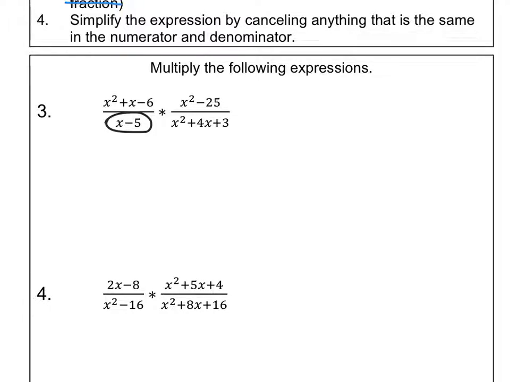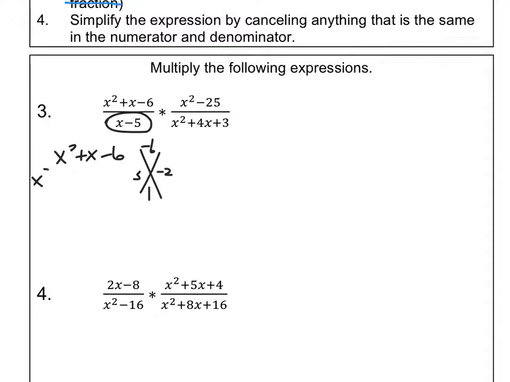I sure can. x squared plus x minus 6. So I need factors of negative 6 that add to 1. Well, when I do that, factors of negative 6 that add to 1 are going to be negative 2 and 3.